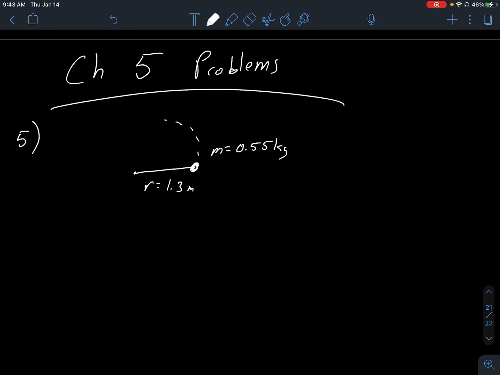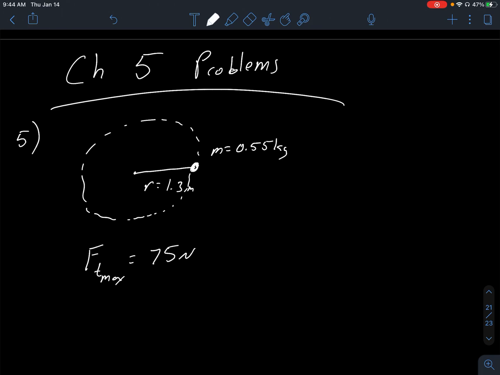It's going to move in a circular path, and we need to find out how fast it can go before it breaks, knowing that the tension force will max out at 75 newtons before it breaks.